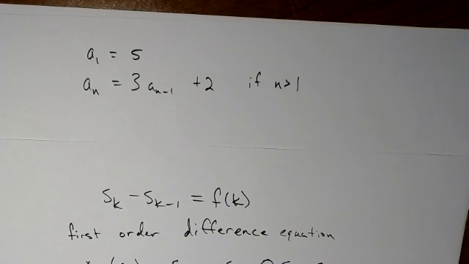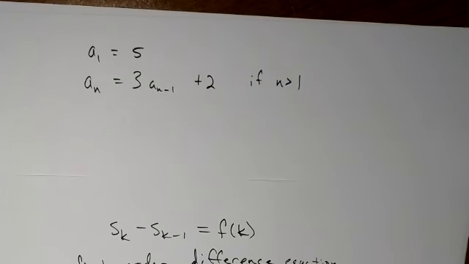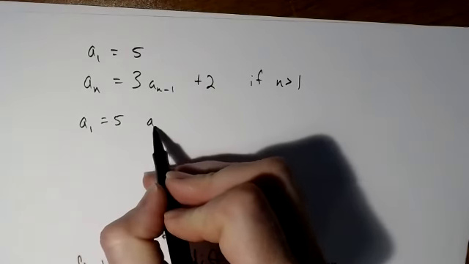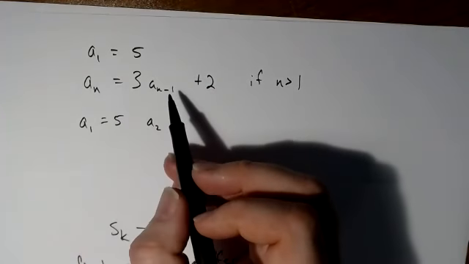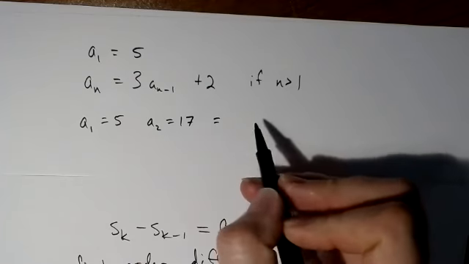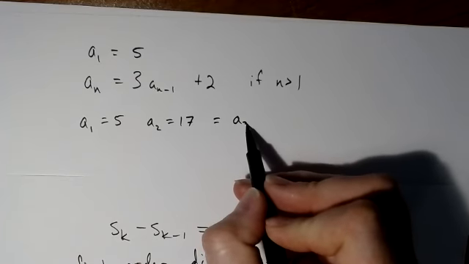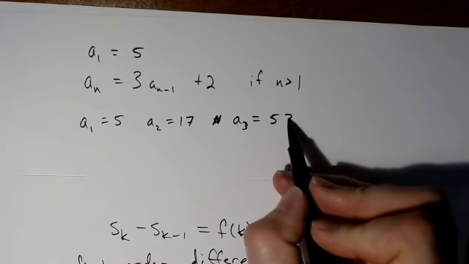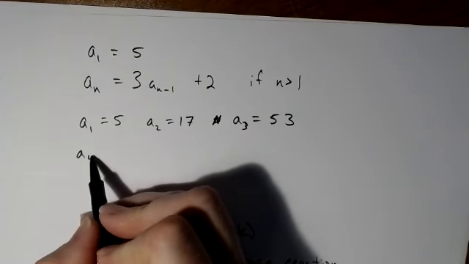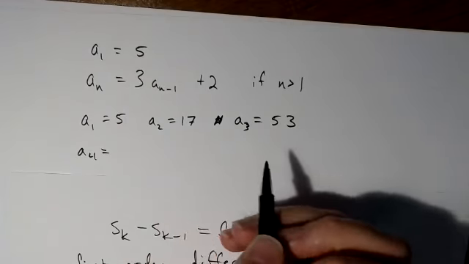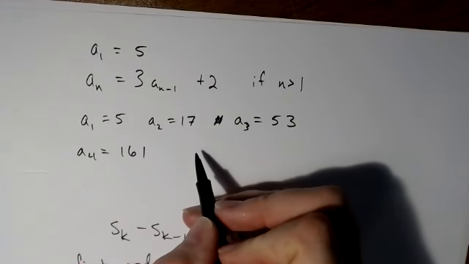We probably could solve this whole recurrence, but we weren't asked to solve the whole recurrence. So if we just start with a_1 equals 5, we can just list these then. a_2 then is 3 times 5 plus 2, so that's 17. A_3 then is 51 plus 2, which is 53. A_4 is 53 times 3, which is 159, plus 2 is 161.